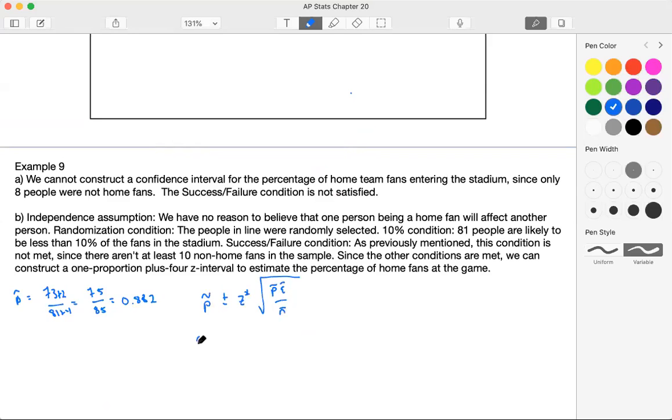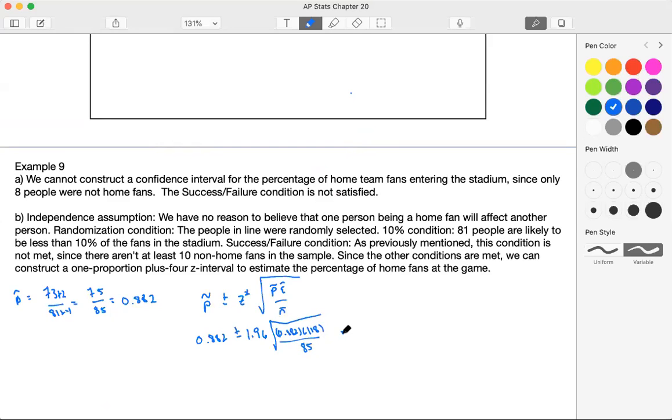So that would be 0.882 plus or minus, and we're going to construct a 95% confidence, 1.96, times the square root of 0.882 times 0.118 over 85.